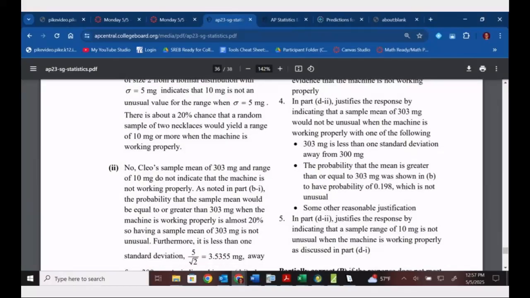And then component 5 in part DII justifies the response by indicating that a sample range of 10 milligrams is not unusual when the machine is working properly, as discussed in part DI.